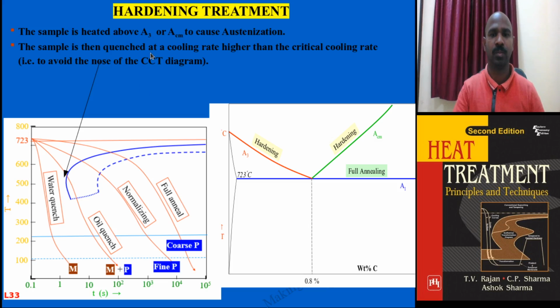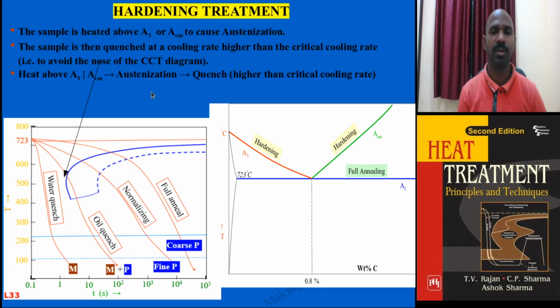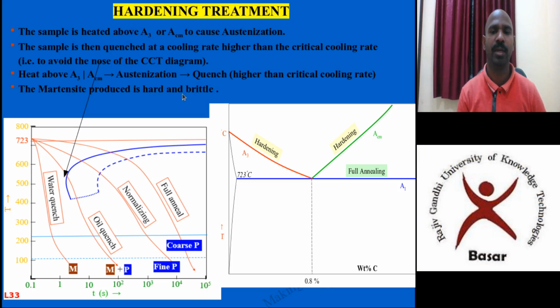This is the cooling curve, CCT diagram, and this is the TTT curve, and that is how you will get martensite. By quenching in water, you immediately get martensite, which is a hard and brittle phase. That is the hardening treatment process.